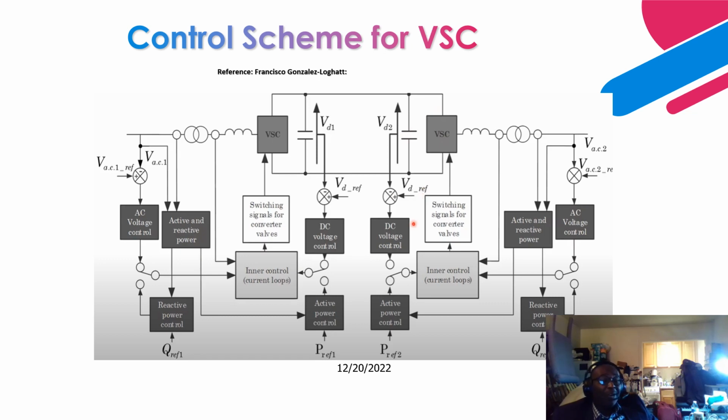That will be our reference for the inner control loops. On this side, we have an AC voltage control and reactive power control, and like I mentioned, we can also have a choice of active power control and AC voltage control.